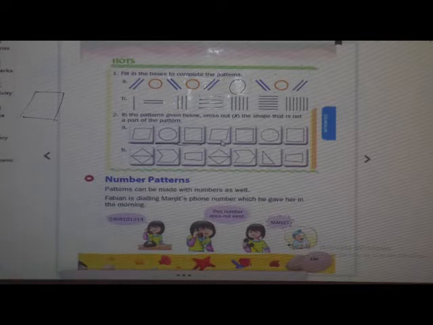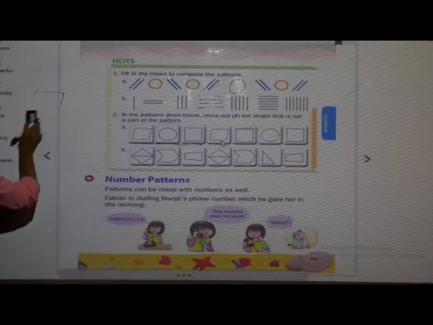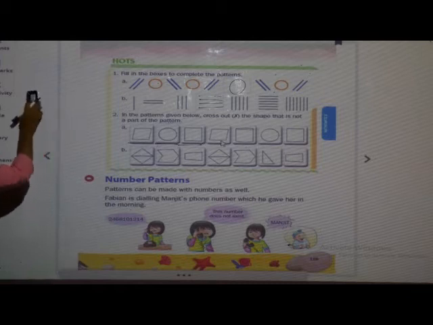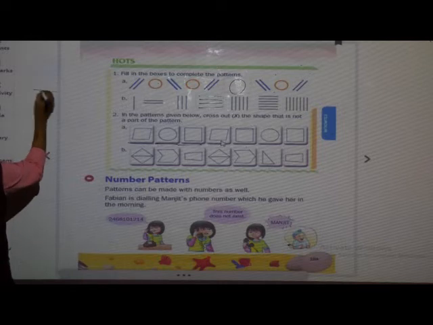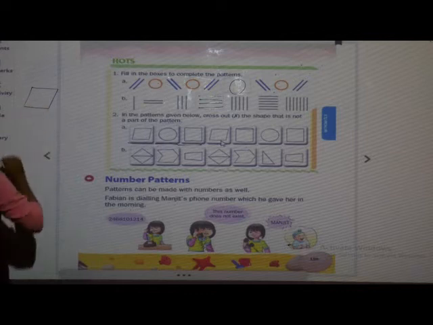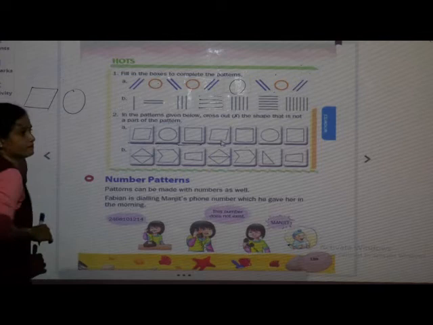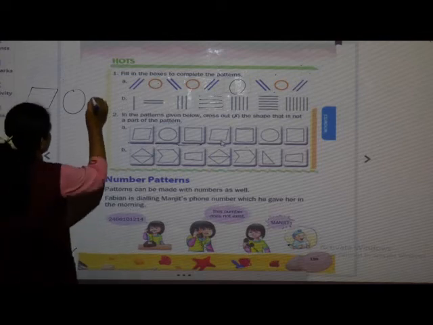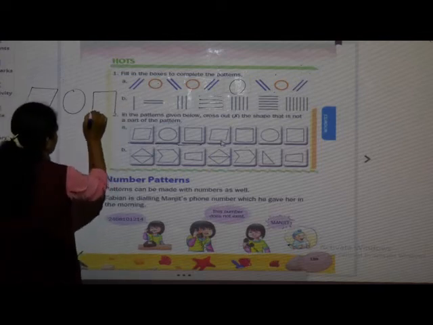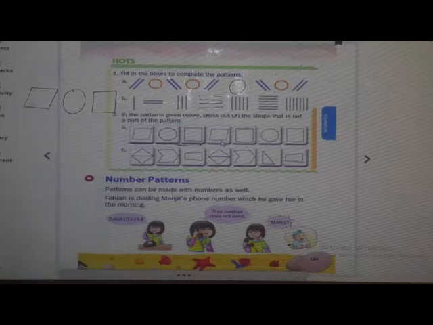How it is little bit bend. Once again I will draw. Wait. See. Little bit it is bend. Then here circle. Then square. Understood?